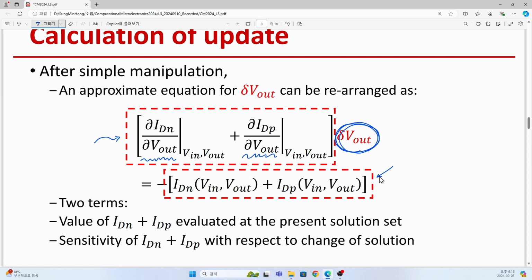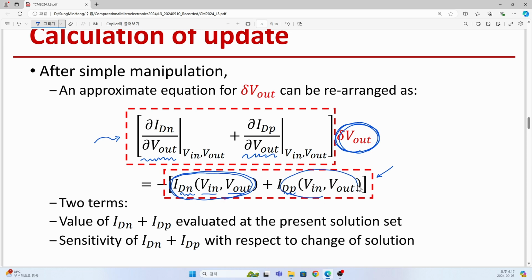And here we have the constant term, and this constant term is obtained from the drain currents for the NMOSFET and PMOSFET without any change in our output voltage. So how can we calculate this number? Since we already know the input voltage and output voltage as our temporal solution, we can just evaluate it.